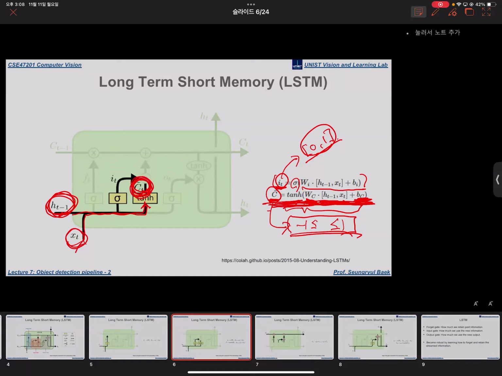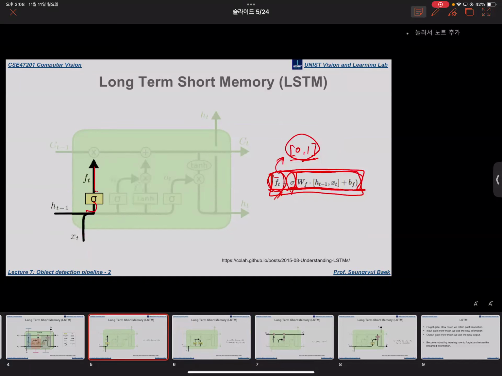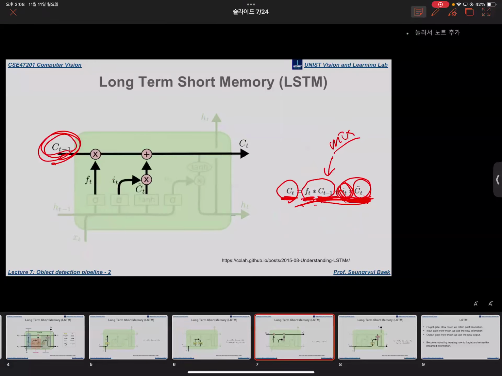First infer this and also multiply i of t, how much to retain this C, and multiply this forget vector with the previous layer's C of t. And here what you will get is this.